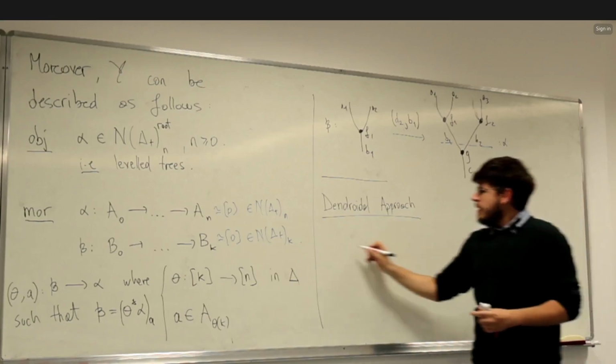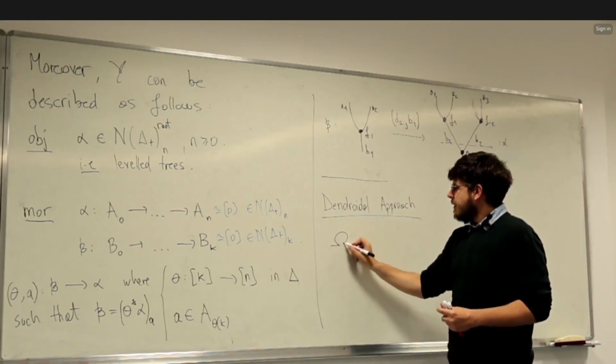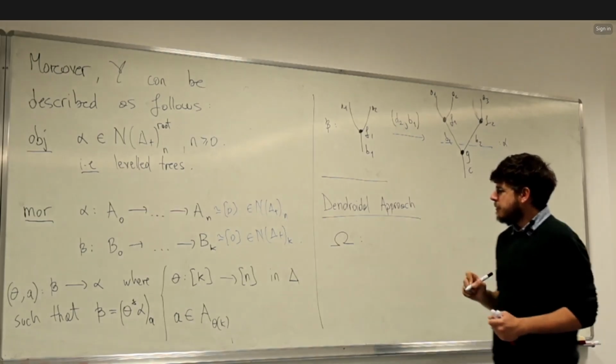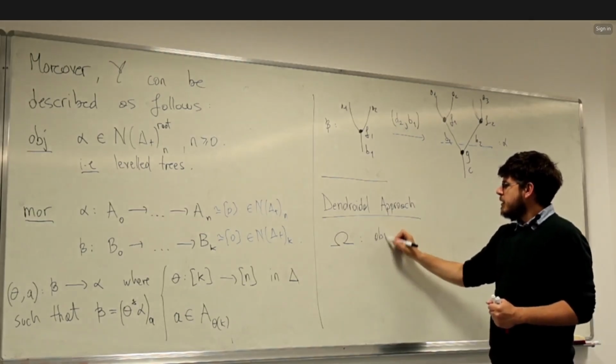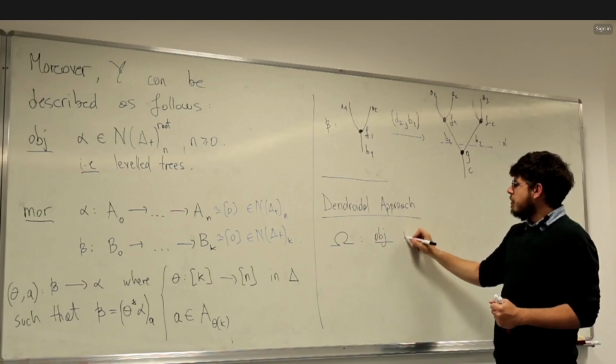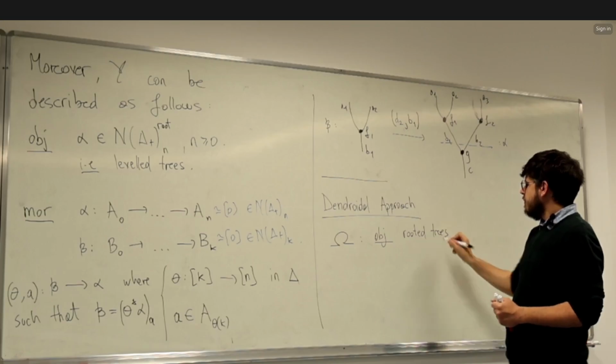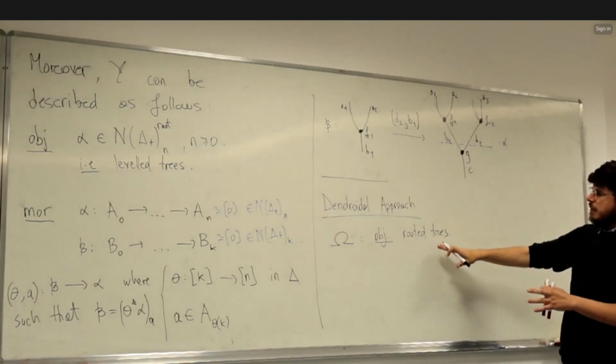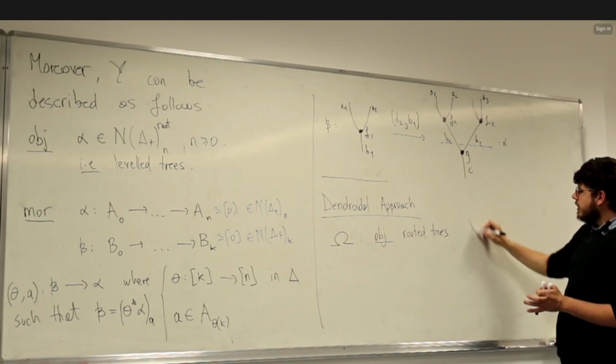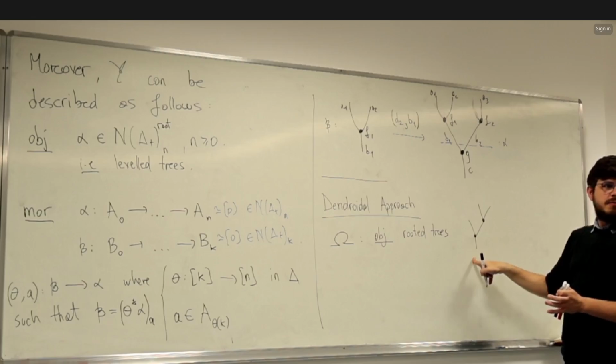So in the dendroidal approach, just for the sake of comparison, you define this category omega. So the objects are rooted trees, and these can be anything. So these are not leveled, for instance, something like this.